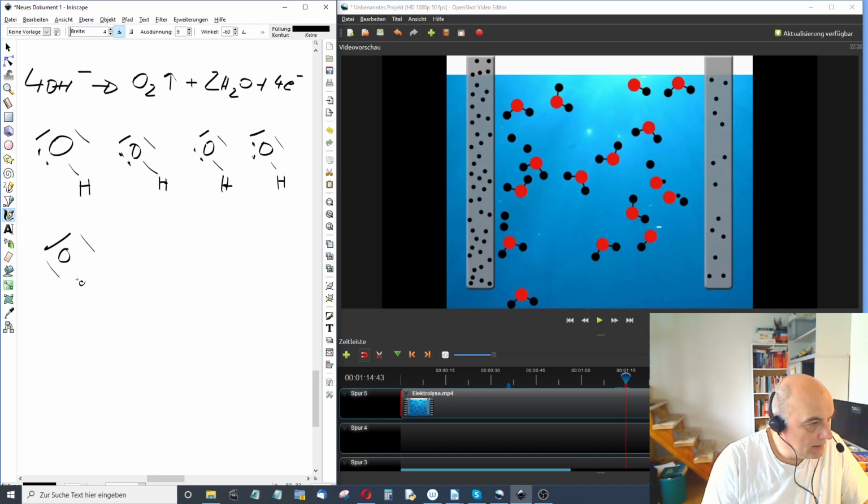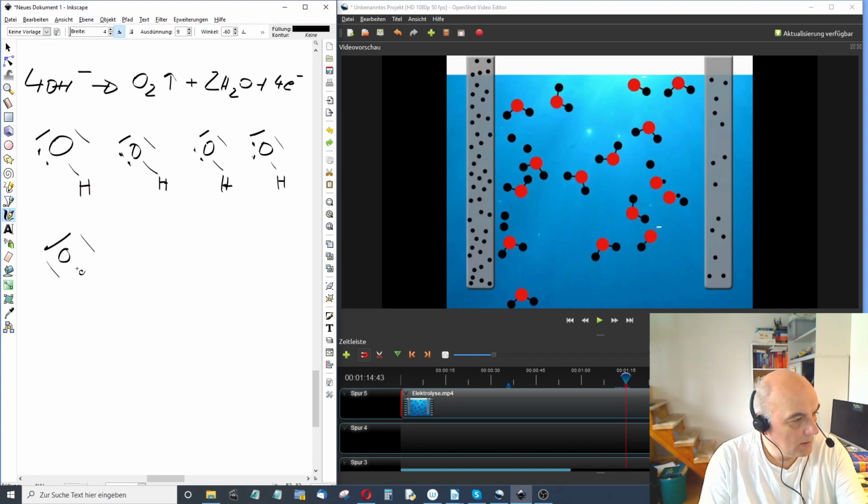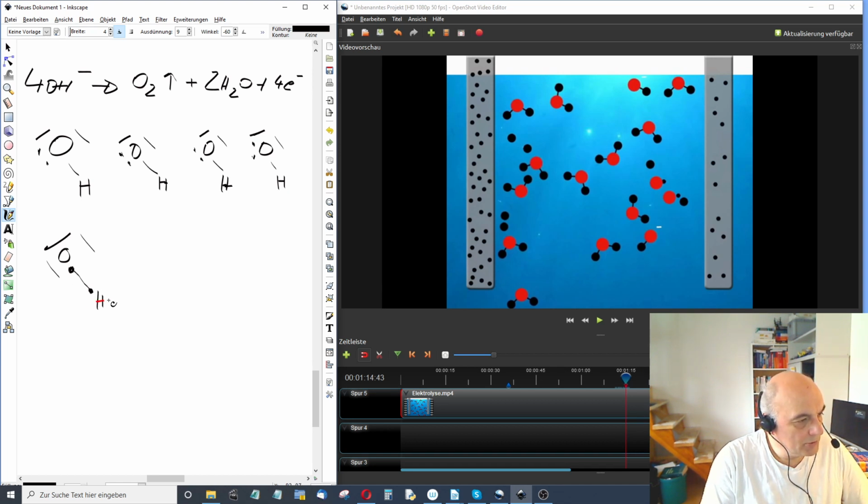Yeah. This line means 2 electrons. 1 electron goes away together with the H, so the H again has 1 electron. I said it is important that it keeps its trajectory, and I guess then this is the electron that goes away.